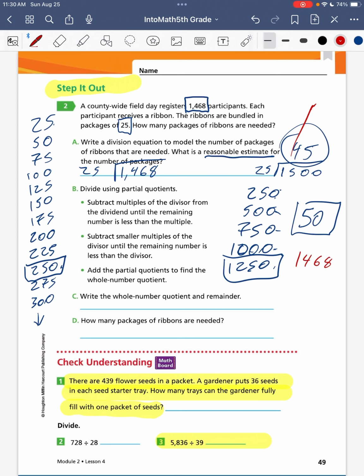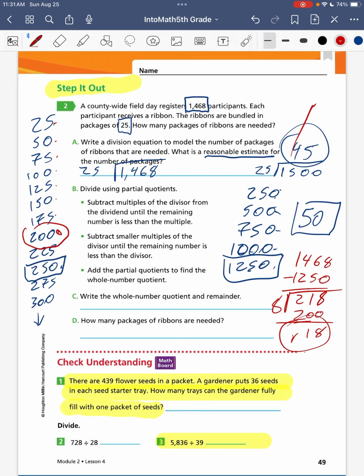Okay, so now we can subtract 1468 minus 1250. This will give us 218. The closest I could get to this is 1, 2, 3, 4, 5, 6, 7, 8 multiples of 25, with a remainder of 18.